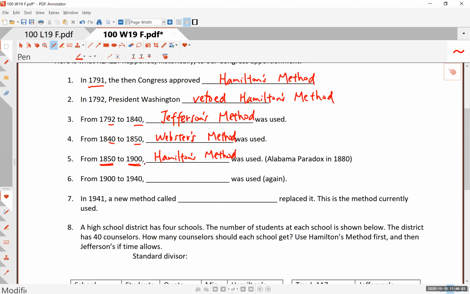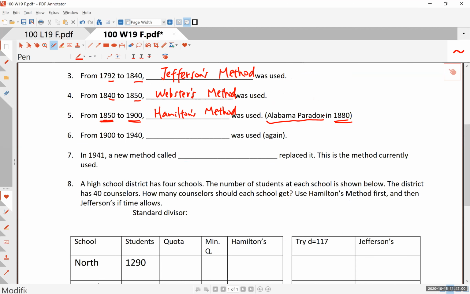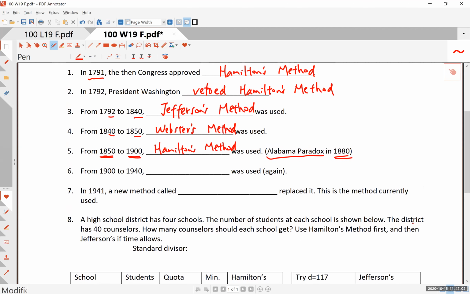Notably, and probably the biggest event in the history of this country, the Civil War. The Civil War ended in 1865, but soon after that, one of the southern states realized, hey, we are losing out on something. That was called the Alabama paradox, covered in lesson number 19, and that happened in 1880.